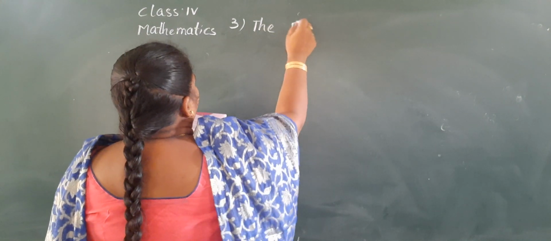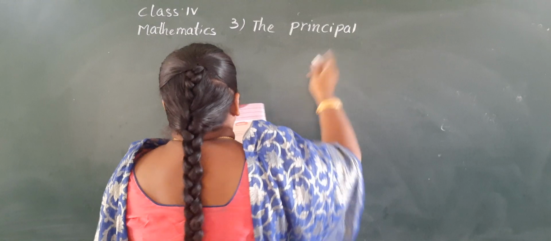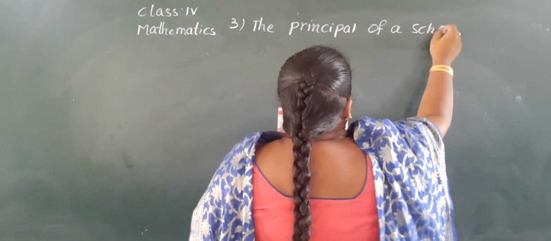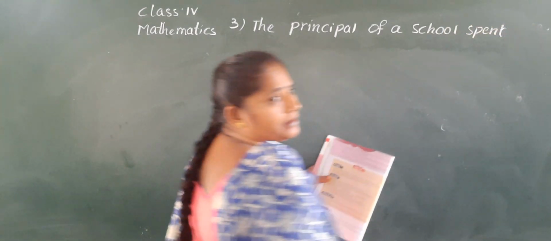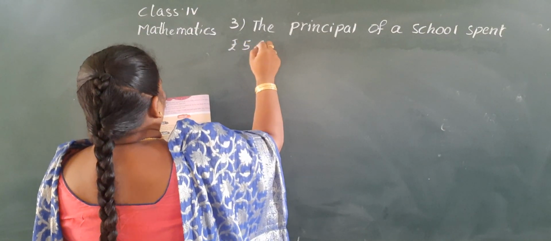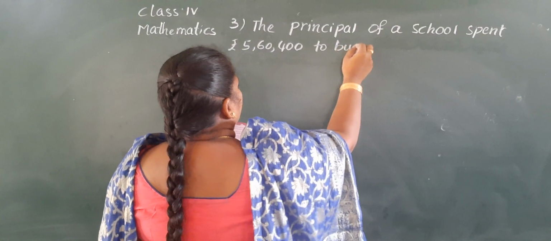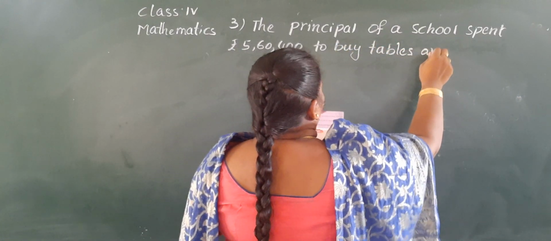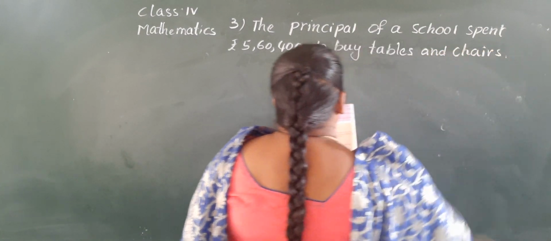The principal of a school spent 5,60,400 rupees to buy tables and chairs.